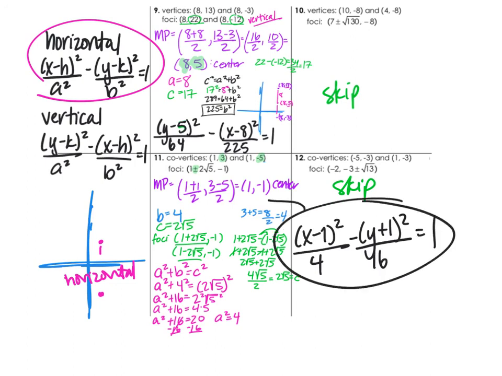And this is the answer for this one. Don't get it confused. I didn't do number 12. You can do number 12 and you can do number 10 if you so choose. But I'm not going to do them because they're very similar to numbers 9 and 11.